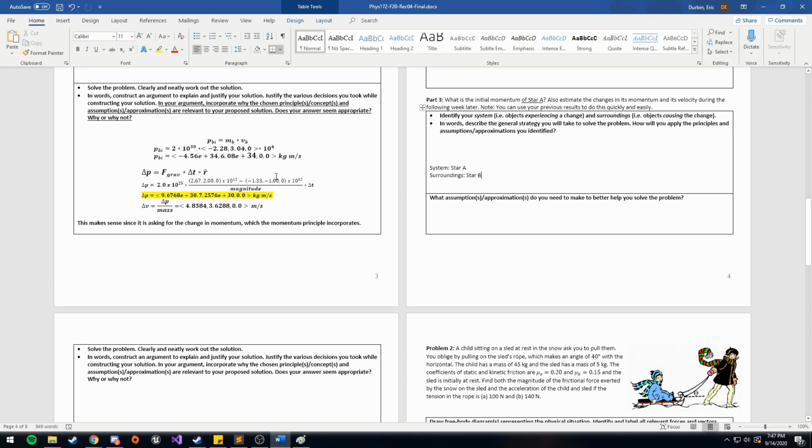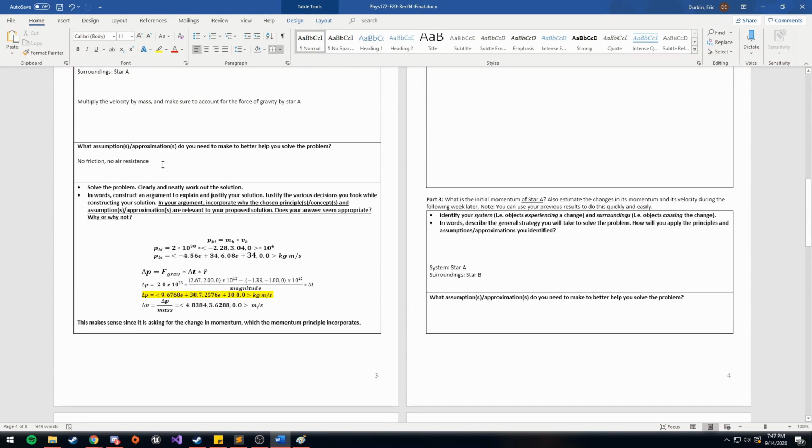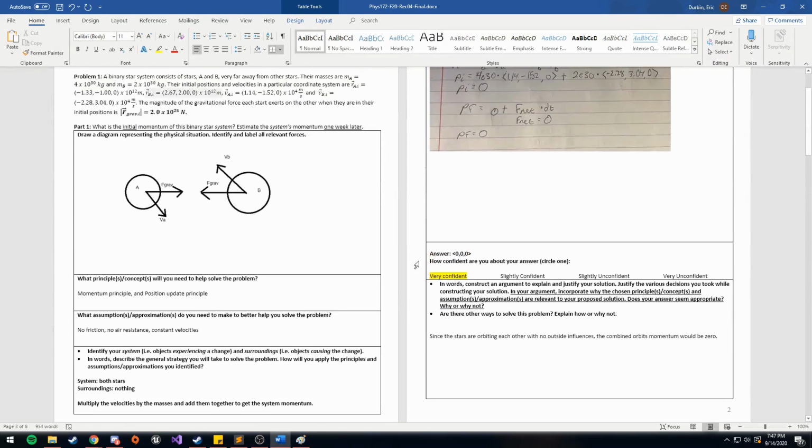Everything else is just going to be the inverse of what we just calculated. So what math did you guys do for part 1 of this problem? Mass times velocity, and then you add the momentums together. But shouldn't it give you 0 as the momentum? Yes, and it does.